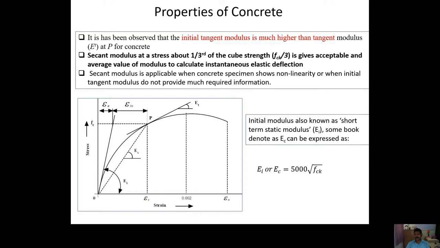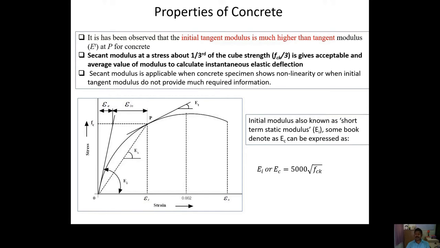The secant modulus we use for nonlinear analysis, or whenever the linear analysis or initial tangent modulus is not giving a proper result. In that case we should go for the secant modulus. Since for concrete the graph is nonlinear almost from the beginning, it is very difficult to get the Young modulus.